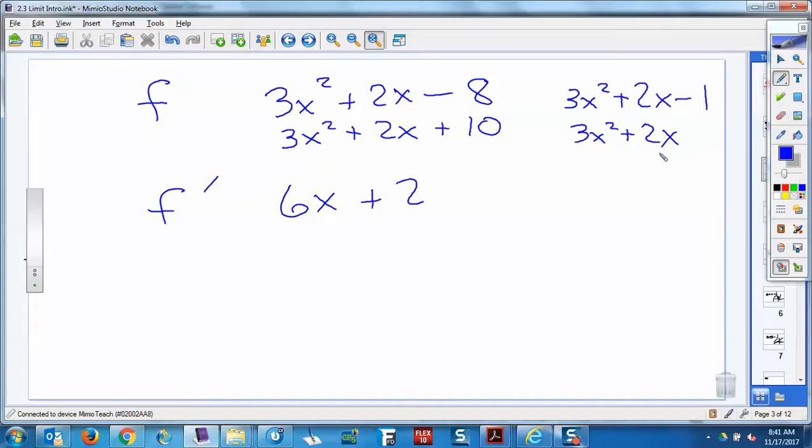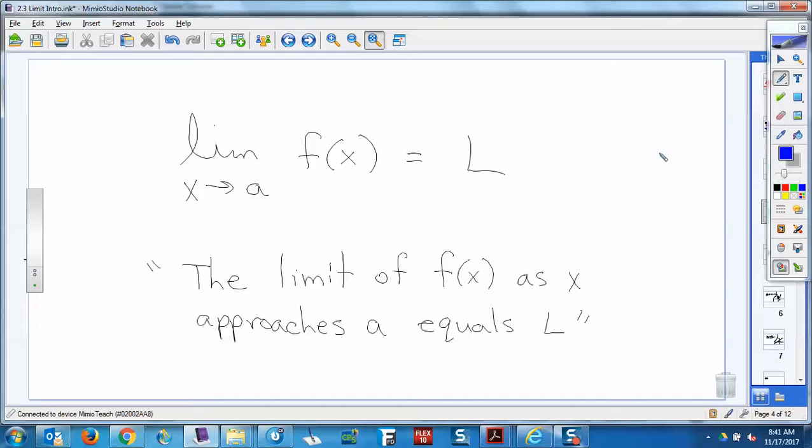Okay, now this kind of ties in with something we did before. All right, get your notes out. Let's talk about this idea of a limit. So what we're going to do is a little bit of a side trip here for a day or two. Section 2.3 is a side trip into the idea of a limit. So we're going to get our heads away from the derivative for a little bit.